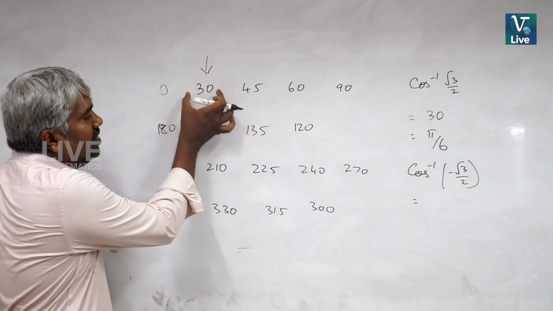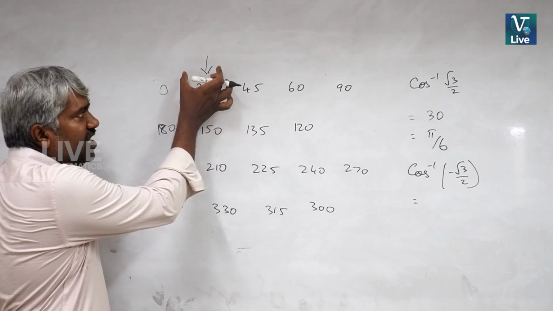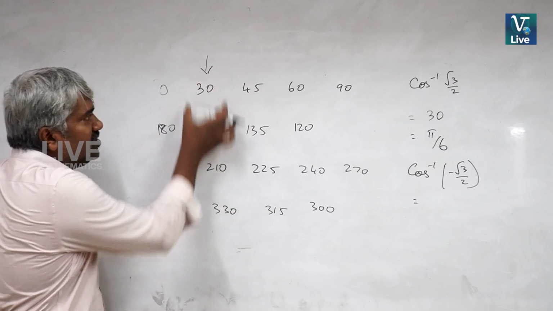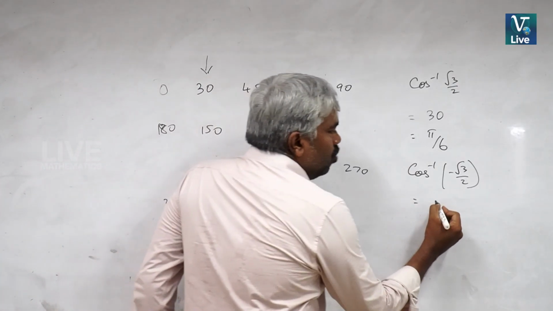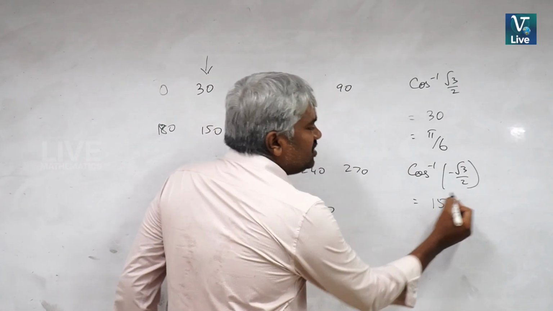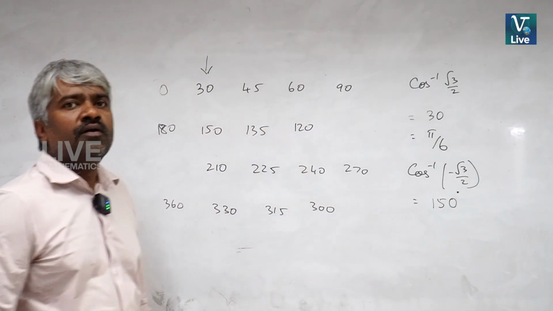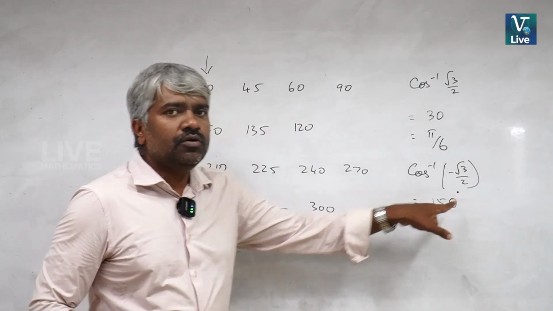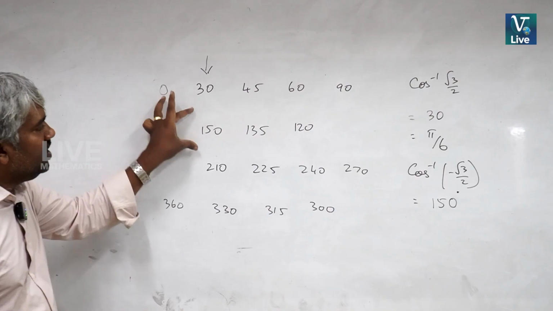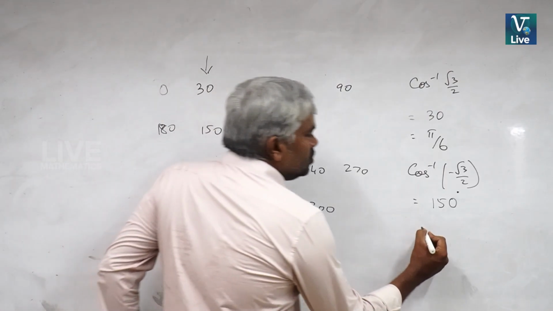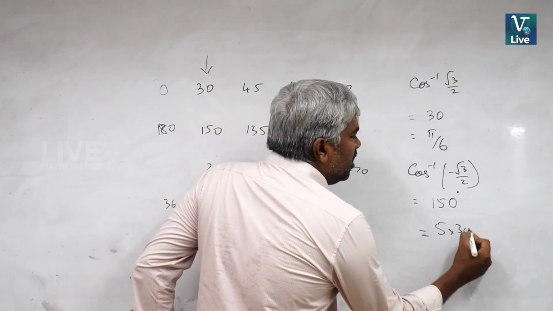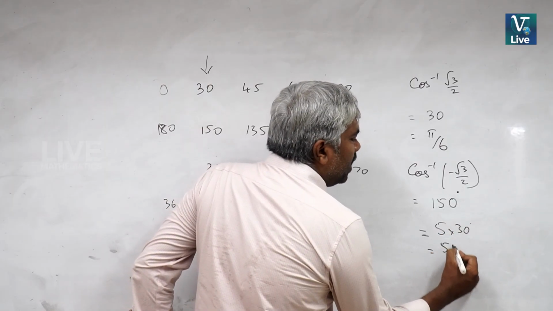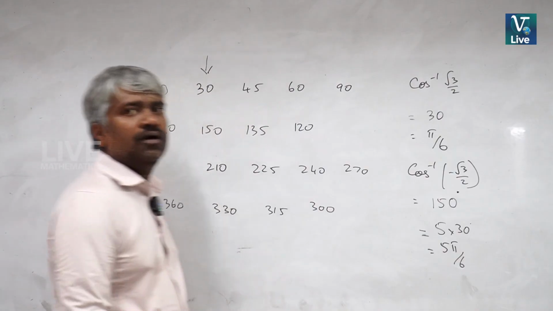The value in the second quadrant, directly vertically below this 30 degrees, is 150 degrees. So cos will be 150 degrees when it is negative root 3 by 2. So 150 degrees is nothing but 5 into 30 degrees, which is 5 pi by 6.